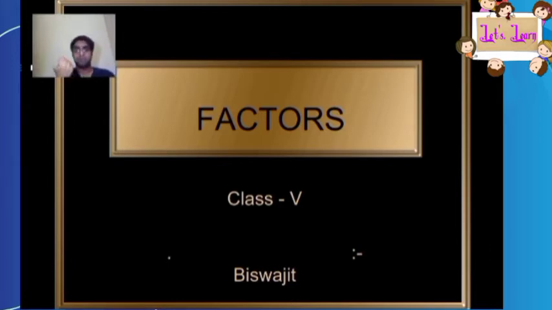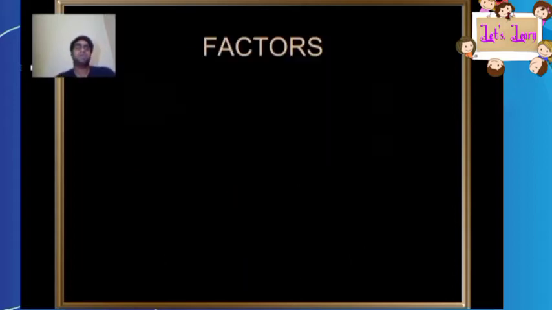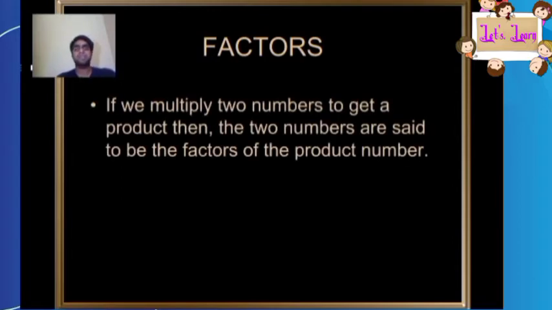I think some of you have a little knowledge of factors. First, let us know what a factor is. As a definition, if we multiply two numbers to get a product, then the two numbers are said to be the factors of the product number.